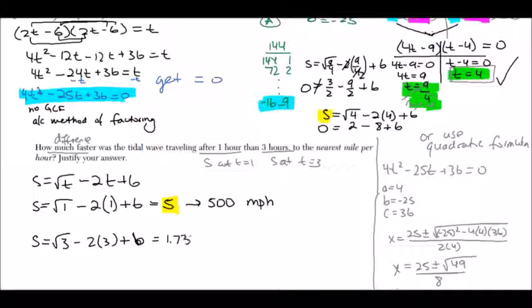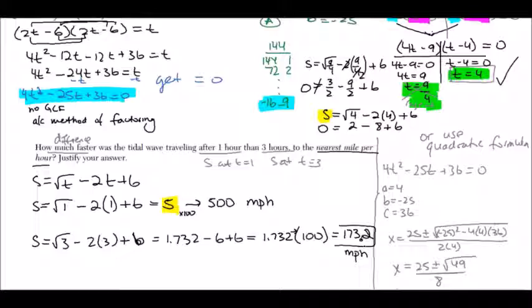So 1.732 minus 6 plus 6, so we get 1.732, and again, that's in hundreds of miles per hour, so we're going to multiply it by 100 just as we did here, and what we get here is 173.2. Now the answer is calling for to the nearest mile per hour, so that's fine. We'll just round that out at the end.